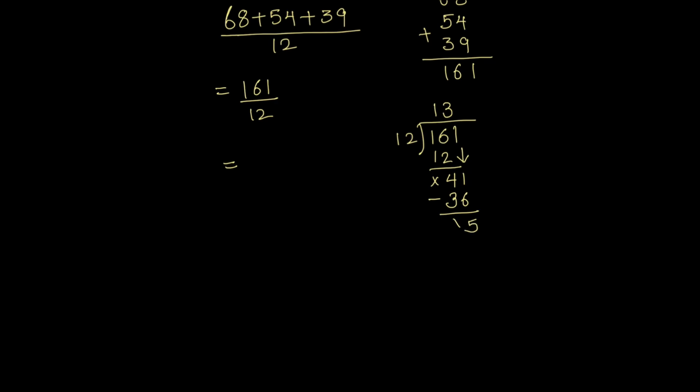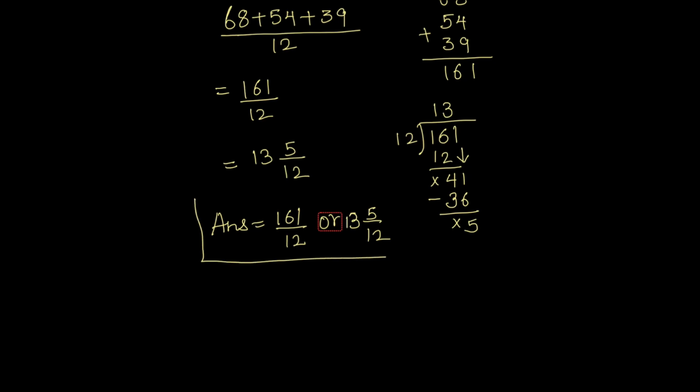This is 0. So the mixed fraction comes out to be 13 whole 5 upon 12. Our final answer will be 161 upon 12, or in mixed fraction it is 13 whole 5 upon 12. This is our final answer.